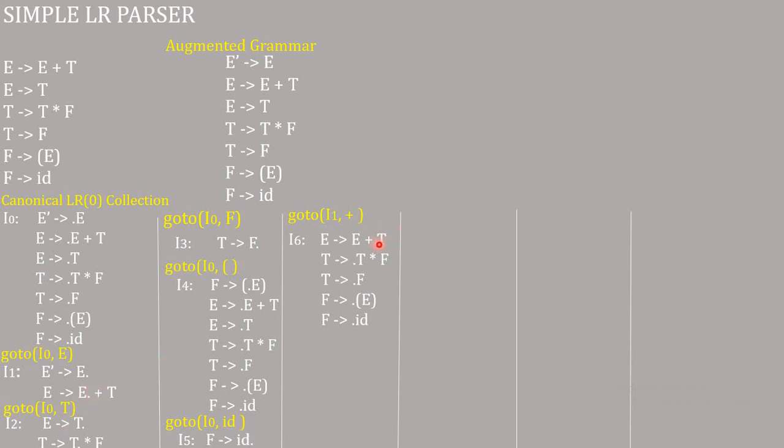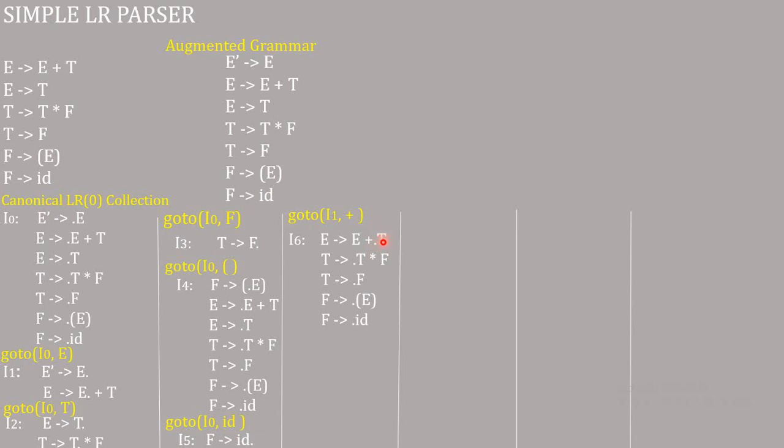Now, after getting this production rule, we have to check whether there is any possibility of applying the closure operation. Yes, we have a possibility: the dot symbol is followed by a non-terminal. So we have to include the productions of the non-terminal from the augmented grammar.